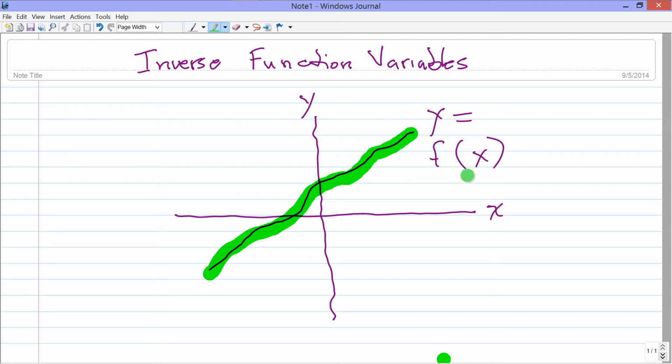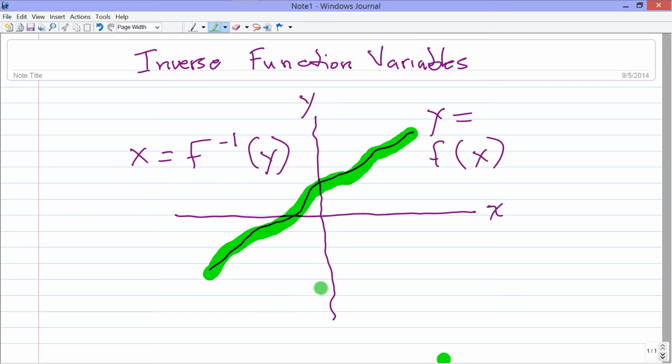So we might say that x equals f minus 1 of y. Now this little minus 1 up here means inverse. So x equals the inverse function of y. So if we take the inverse f minus 1 of y, we get x.